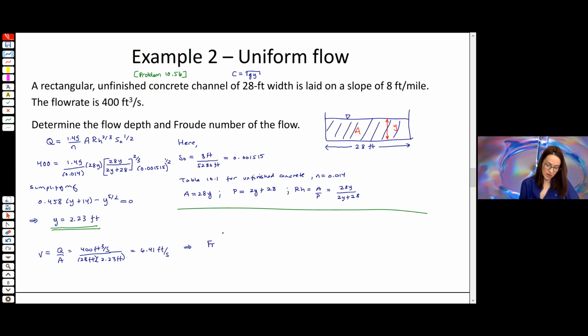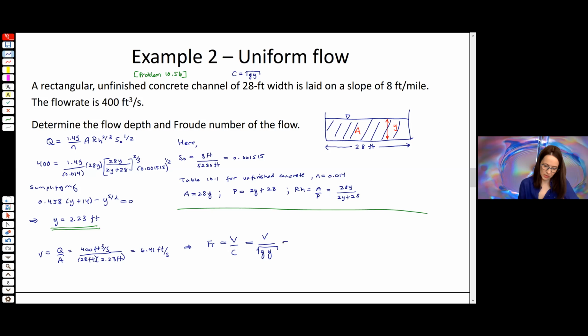Now the Froude number, in its most basic definition, is the uniform velocity of the flow in the channel, V, over the wave speed. But we almost always use the equation that we derived last time, where the wave speed is just the square root of the gravitational constant g times the depth of the channel.